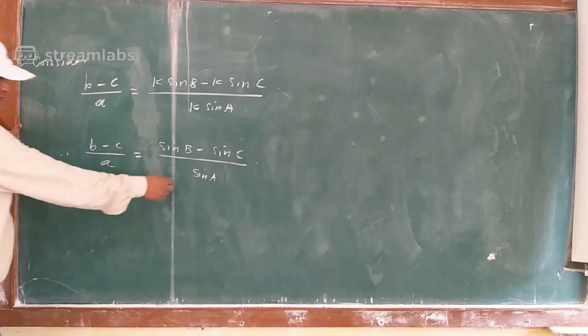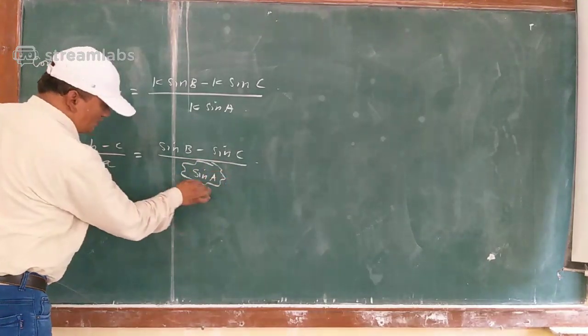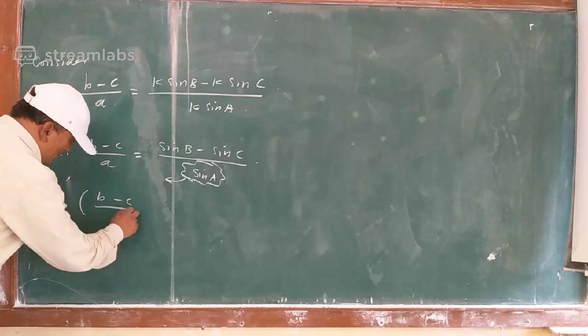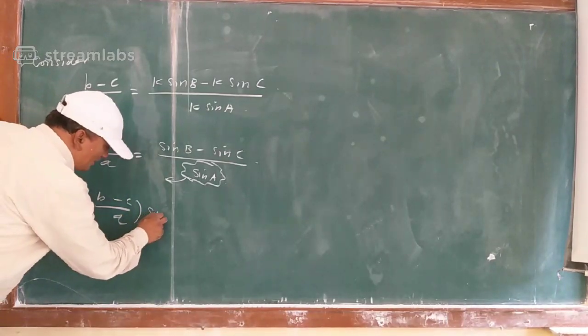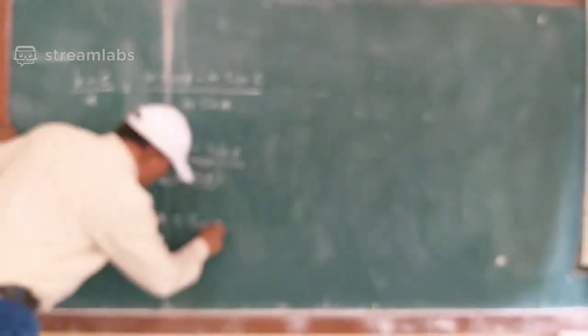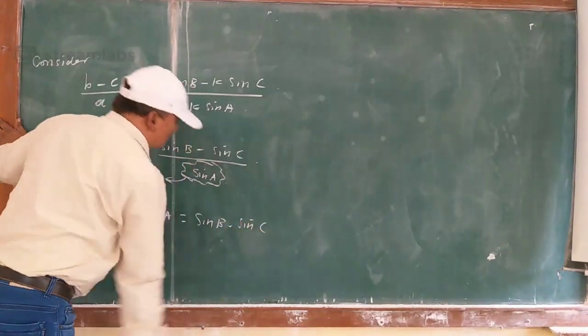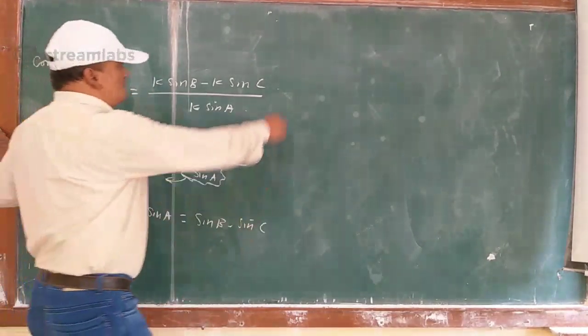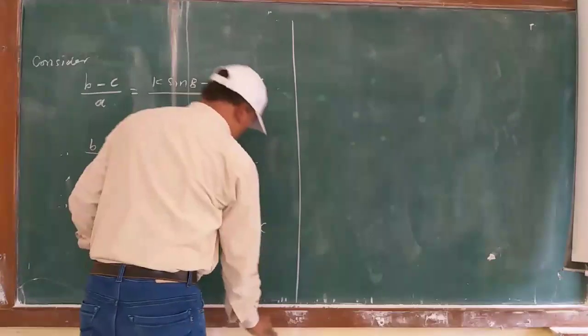So now transfer this sin a to the LHS. Then it becomes (b minus c) upon a times sin of a equal to sin b minus sin c. Remember.